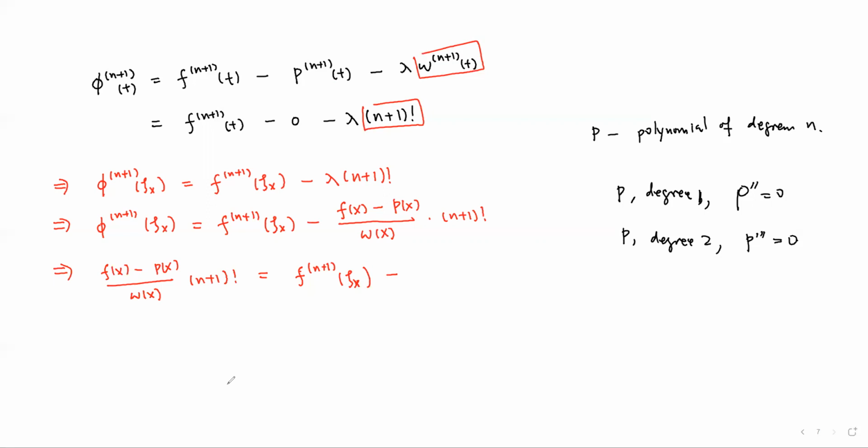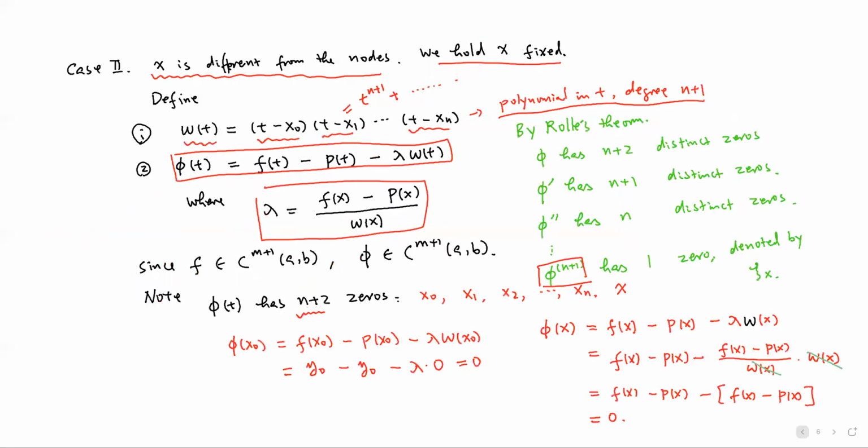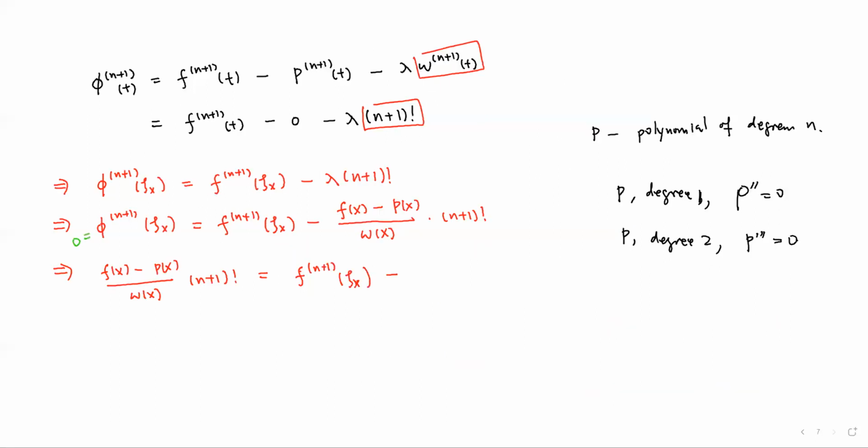Actually, this is a 0 because I assume the derivative of order n plus 1 of phi has 1 zero, denoted by psi(x). So, minus 0.